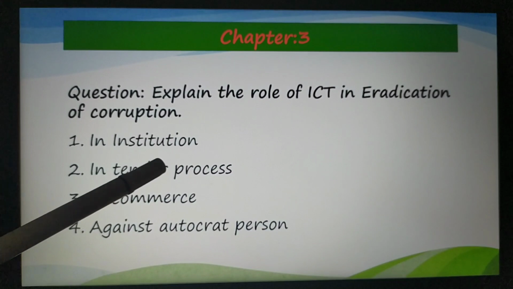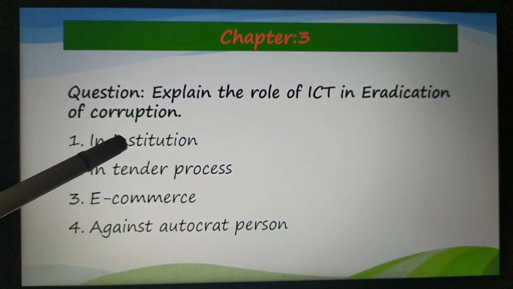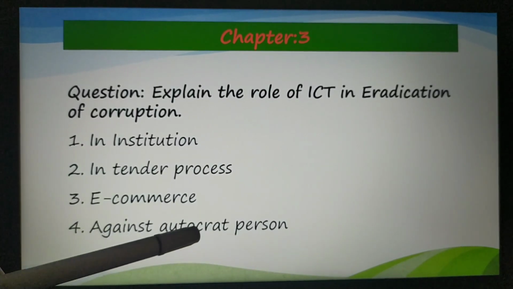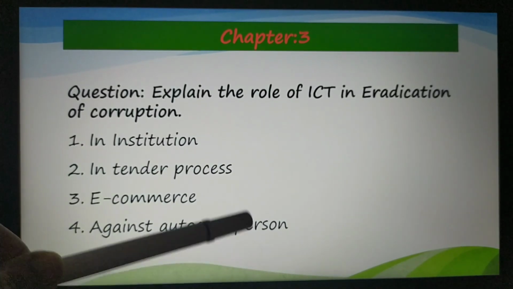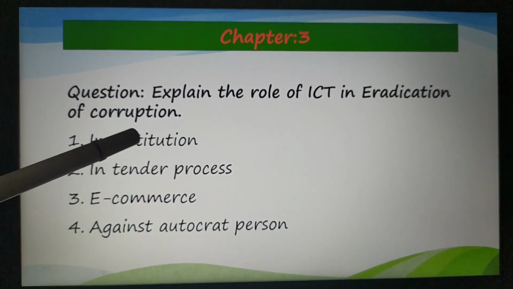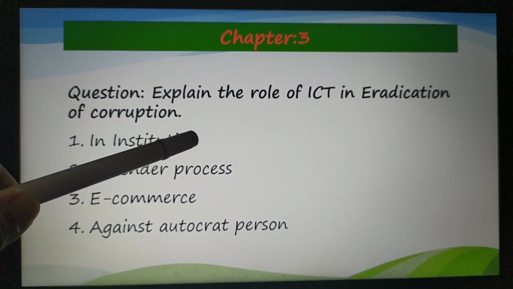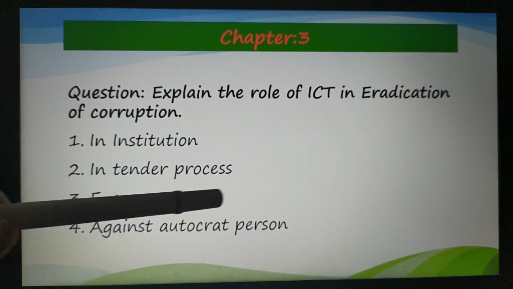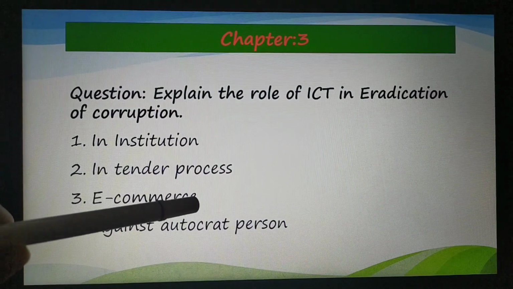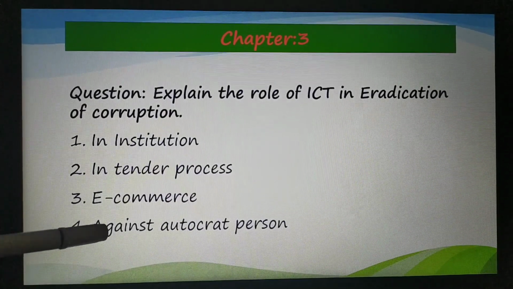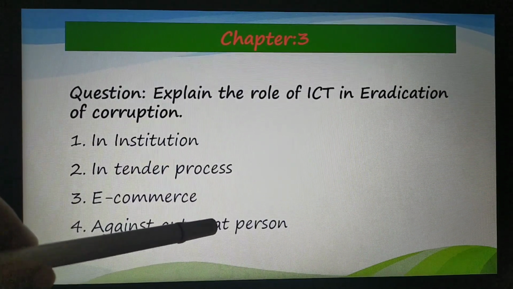And each para you will name like this. First one, in institution, in tender process, e-commerce, against autocratic persons. You will write this key point for each para. You will write the key point and you will discuss the first para. You will write the second key point, you will discuss the second para. You will write the third point and you will discuss the third para. And the fourth key point and fourth para.